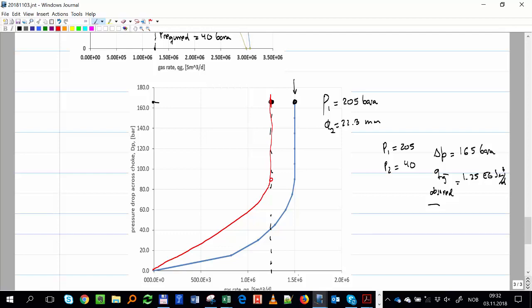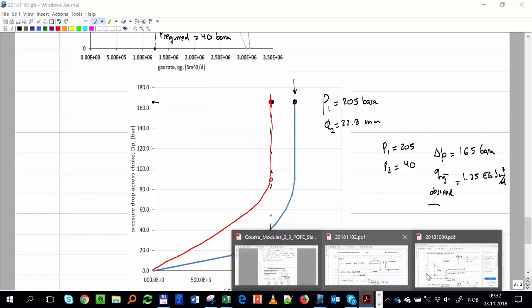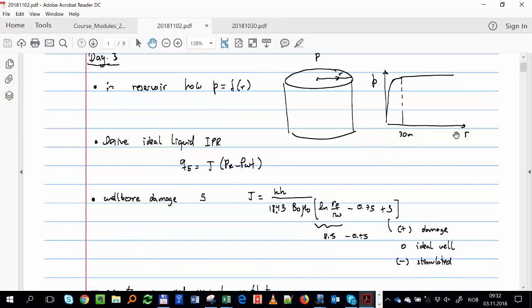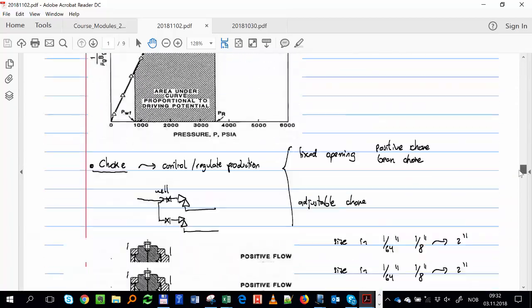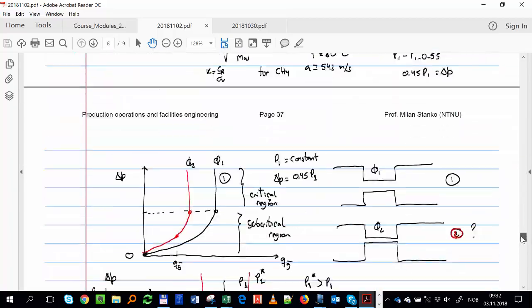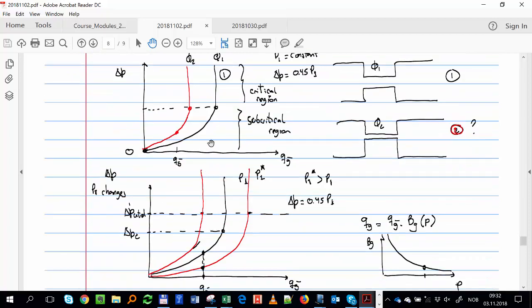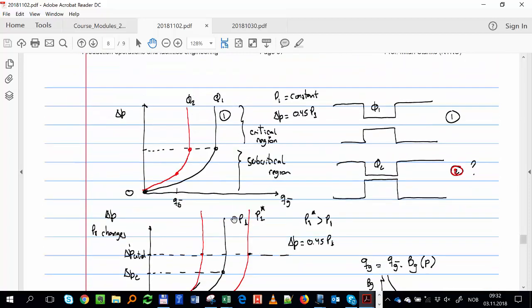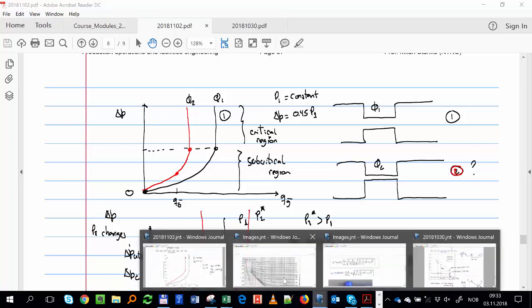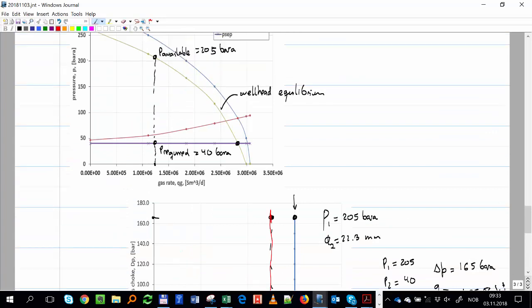If you remember what we discussed yesterday, we said that the curve of the choke changes with two things, right? Pressure or the diameter. Is the inlet pressure going to change? The inlet pressure of my choke. No, right? That comes given by this equilibrium.